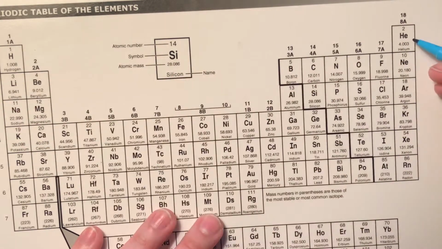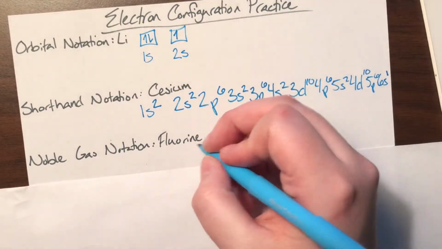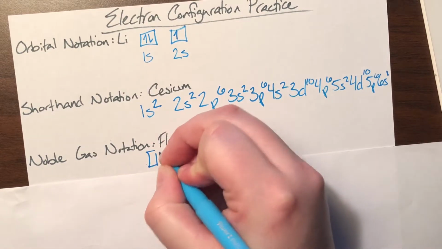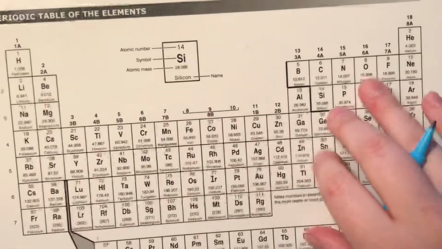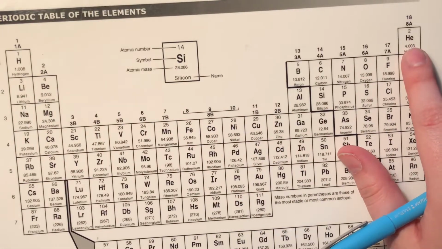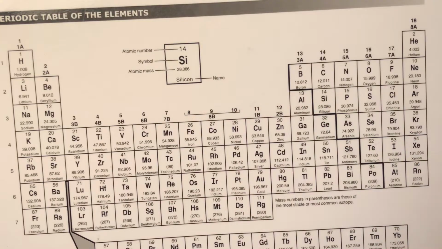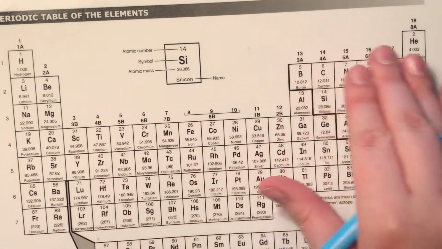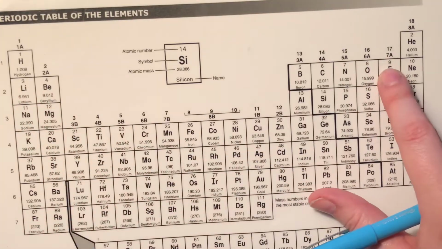If I backtrack, I will see that helium is going to be the nearest noble gas. So I will say bracket helium bracket. And that takes the place of my first and my second electron. Not a huge time saver, but when we're in larger atoms, it is a huge time saver. So I don't have to account for my first and my second electron. I just have to account for electrons 3 to 9.